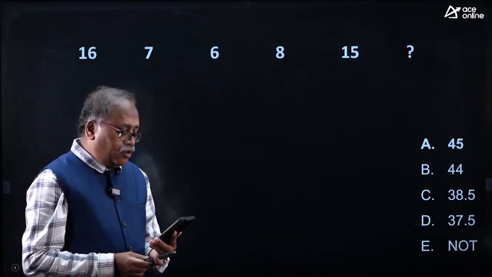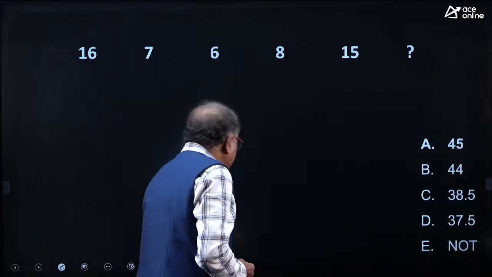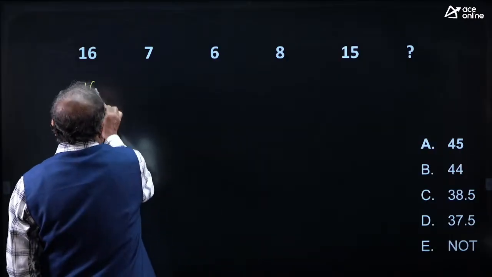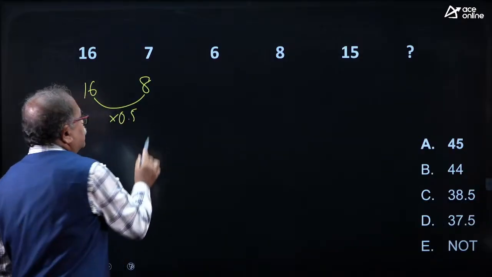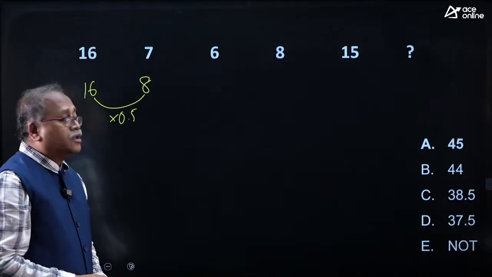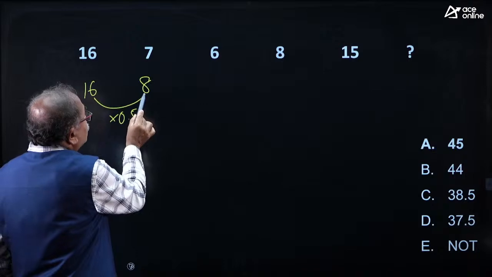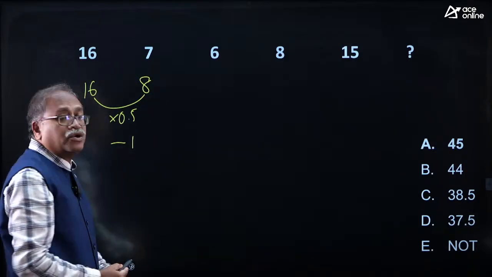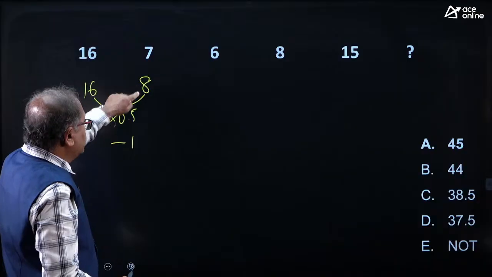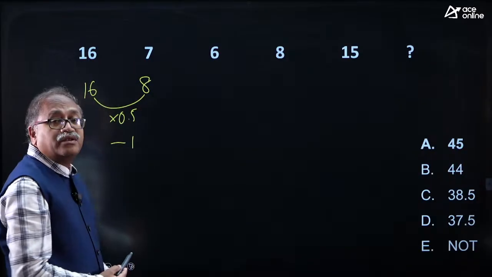Okay. Now, I'll give some clue here. If this is 16 and this is 8, you will directly say, Mr. Narendra, it is into 0.5. But if this is not 8, this is 7, it is possible that into 0.5, what comes, 8 minus 1 is 7.